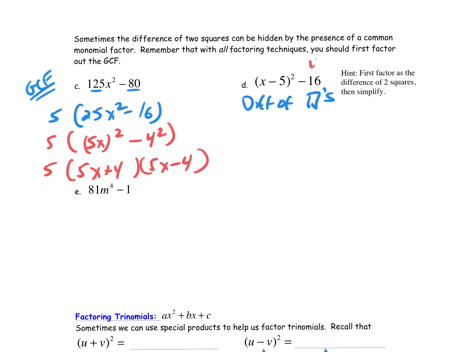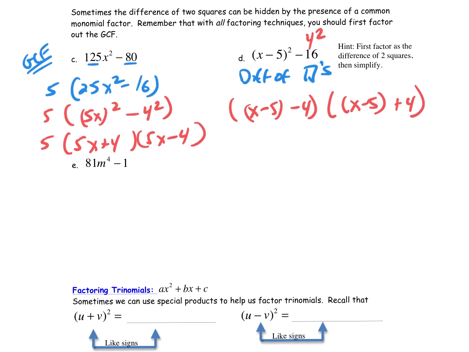So we can factor this as a difference of squares. So this would be x minus 5 minus 4 times x minus 5 plus 4. Now we can simplify within the parentheses, so that will give us x minus 9. And negative 5 plus 4 is minus 1 times x minus 1.